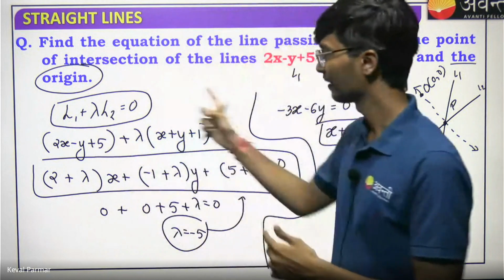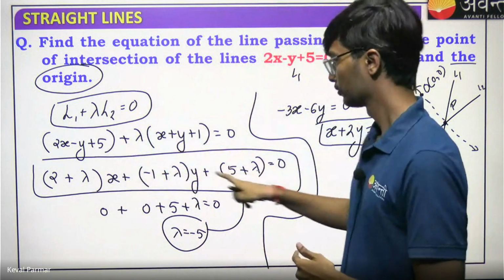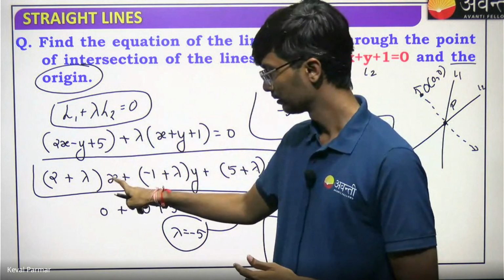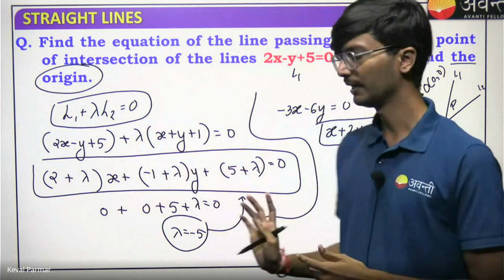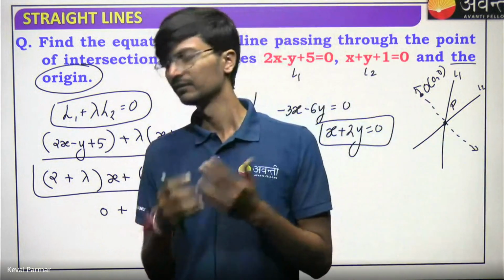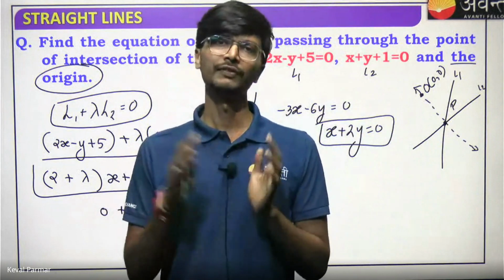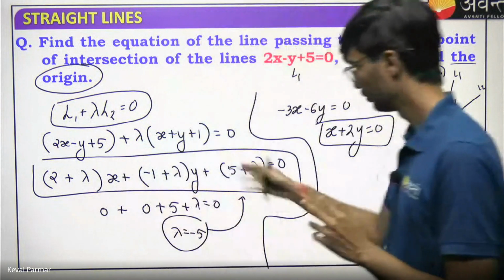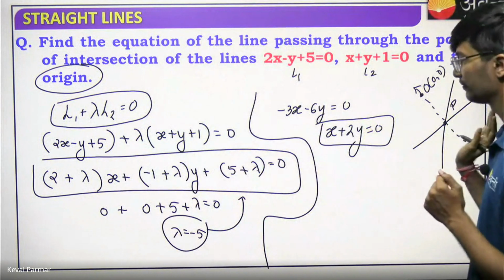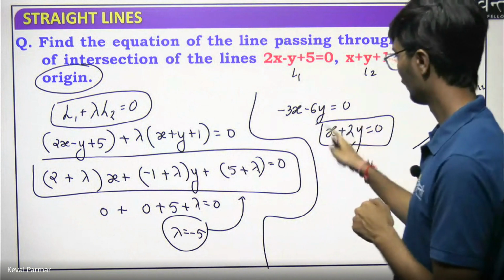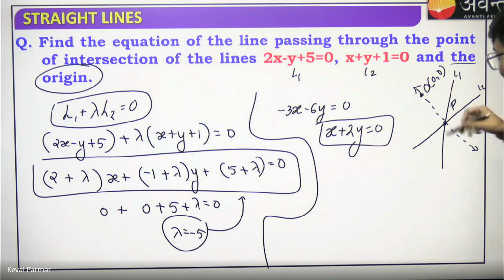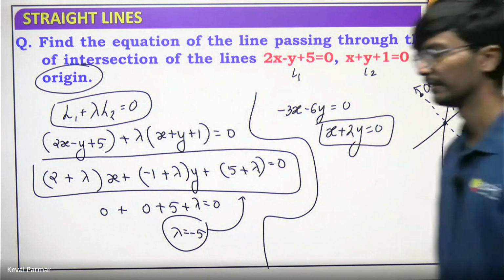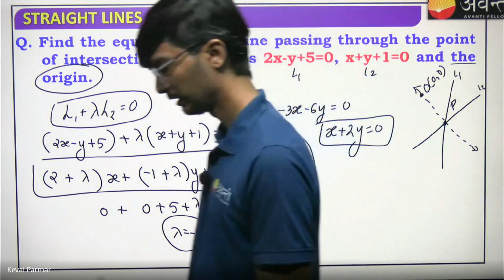That means I can substitute the origin in this equation. If I substitute the origin, this will get 0, this will get 0, I'll get the value of lambda as minus 5. So once we got the value of lambda, let us substitute here and we got the equation of the line. This is the required equation which passes through point P and which also passes through the origin. Got it till here, guys?